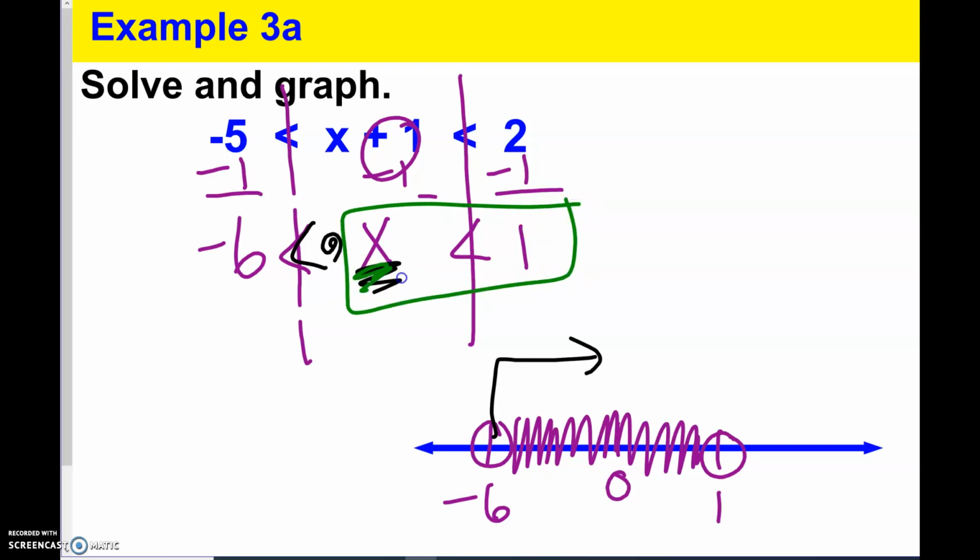It says any number less than 1. So from 1, less than is this way. So you can see how we're bounded by -6 and 1, and we shade in between. So the ands, we're going to shade between the two numbers.